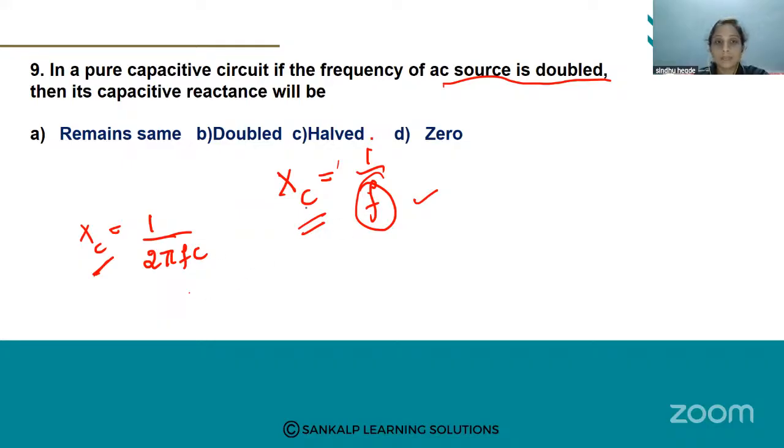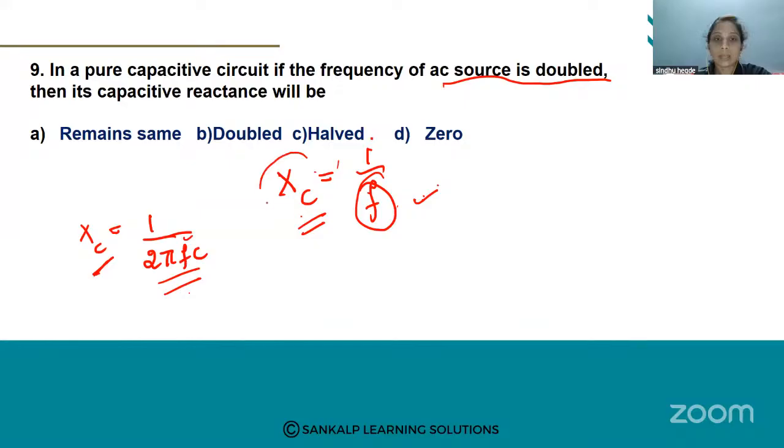So ಇಲ್ಲಿ ನೋಡಿ, here, in your formula says that this capacitive reactance is inversely proportional to frequency. And meaning ಏನು? Capacitive reactance ಜಾಸ್ತಿ ಇದ್ರೆ frequency ಕಡಿಮೆ ಆಗುತ್ತೆ. Frequency ಜಾಸ್ತಿ ಇದ್ರೆ capacitive reactance ಕಡಿಮೆ ಆಗುತ್ತೆ. Here, consider frequency is doubled.